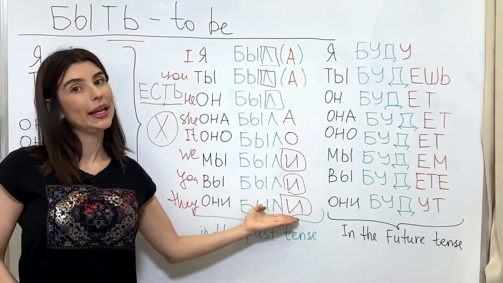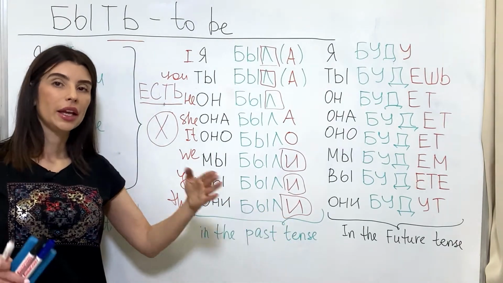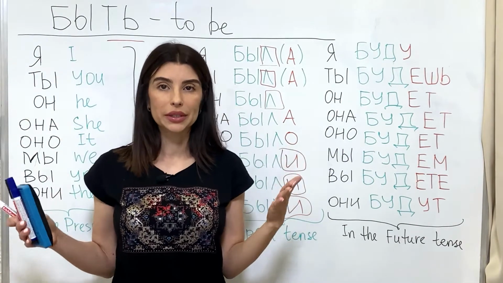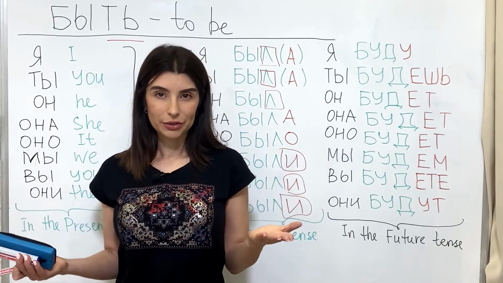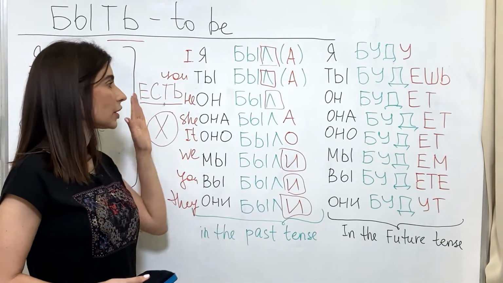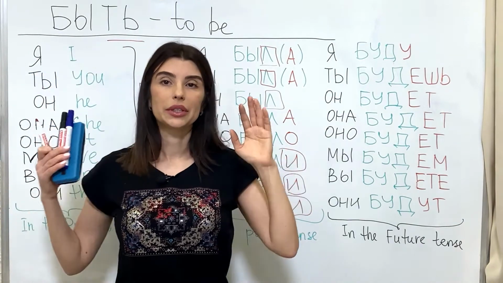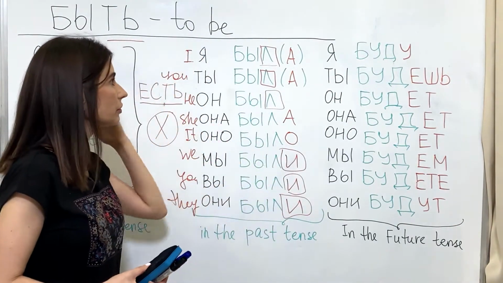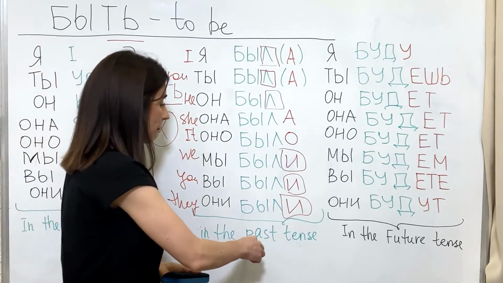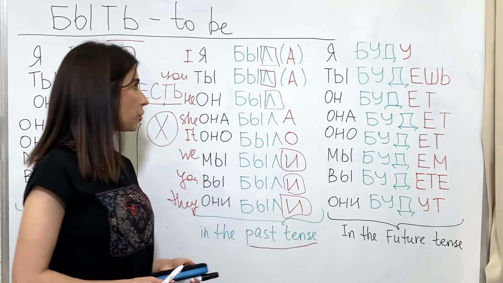Они были. If you try to repeat it again and again, it's not so difficult, right? Because you just keep it in mind and try to memorize. Okay? It's past tense, by the way.